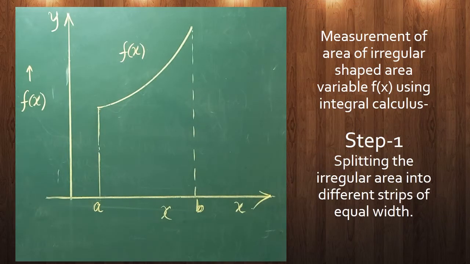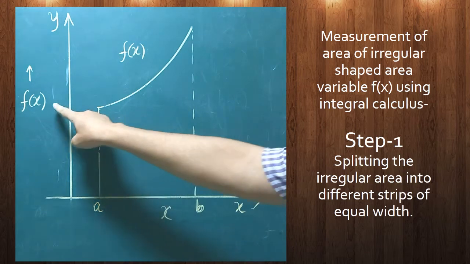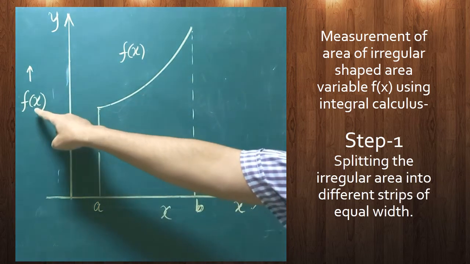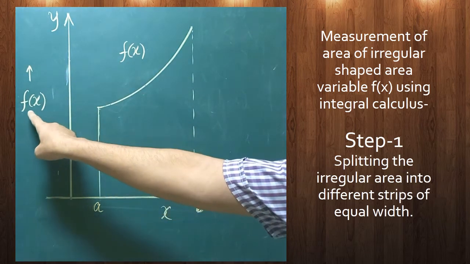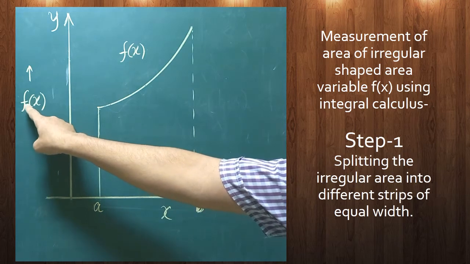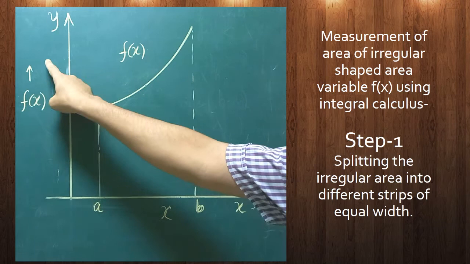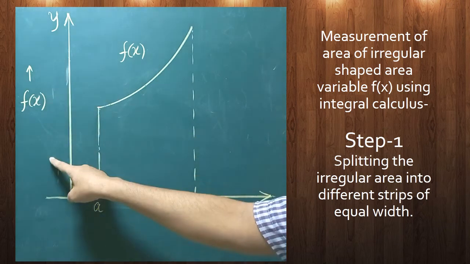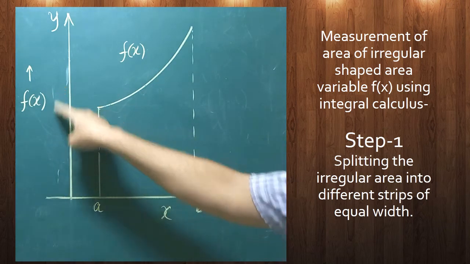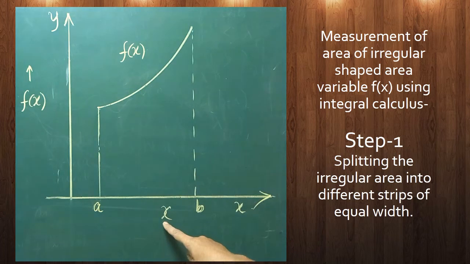Now we are going to use integral calculus to calculate the area of this portion. Look at the value of y, that is f of x. This factor f of x is called a function of x. The parameter taken here depends on which factor? The x factor.